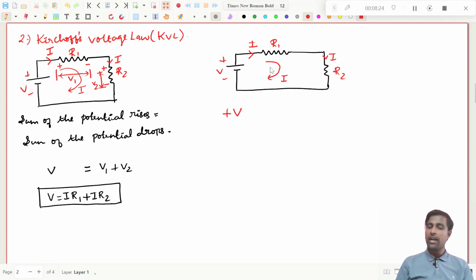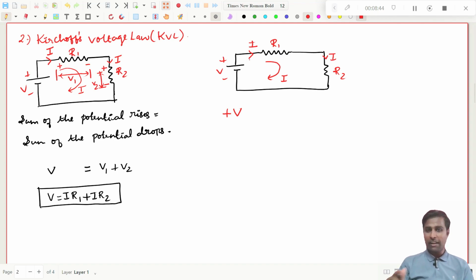If I assumed it in the anti-clockwise direction, then I have to start from here, go in this direction, come here, then I have to end up at this point. But since I have assumed the clockwise direction, I am moving in the clockwise direction, right? So you go here, I have marked the current direction here, I am also traveling in the same direction, right?